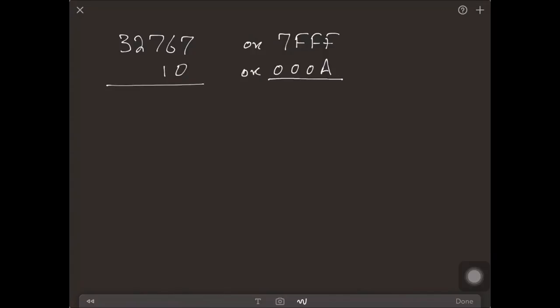Let me add this up. If I add F with A, I get 19 in hex. 1 goes in carry. F and 1 becomes 10. 1 goes in carry. 1 and F becomes 10. 1 and 7 is 8. So this is the hex number. If I write it in binary, it is 1000 0000 0000, and 9 can be written as 1001.